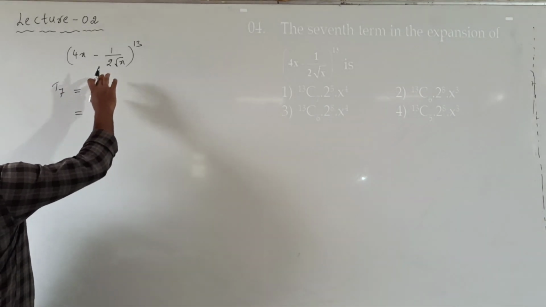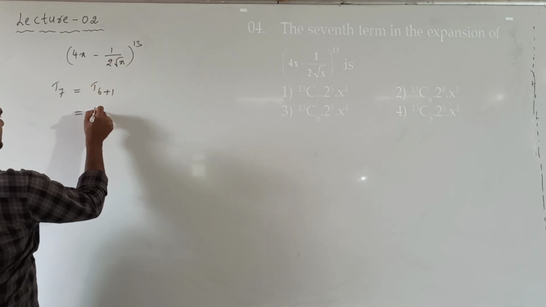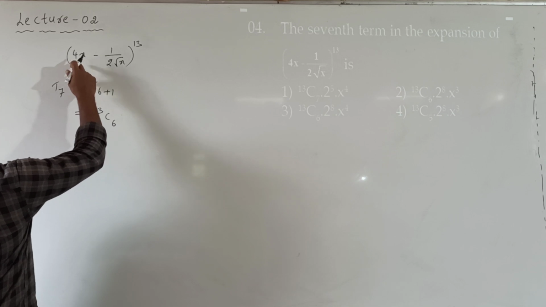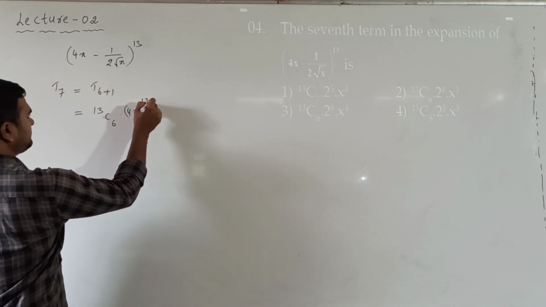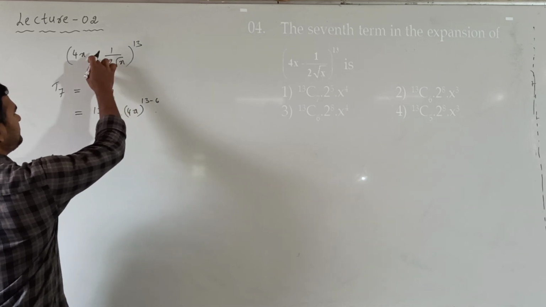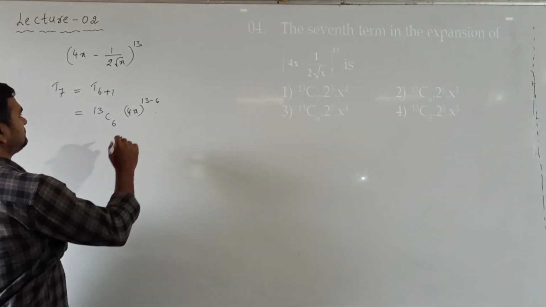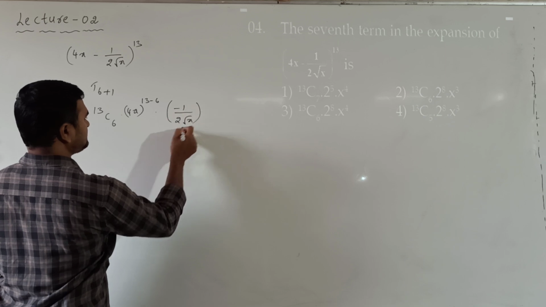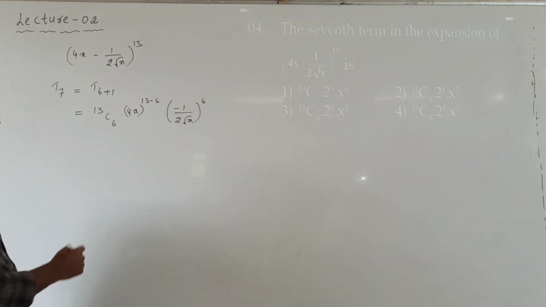Applying that formula, n is 13, so 13c6, a is 4x to the power of n minus r, 13 minus 6, into b, which is minus 1 by 2 root x, including the minus, to the power of r, r being 6 here.